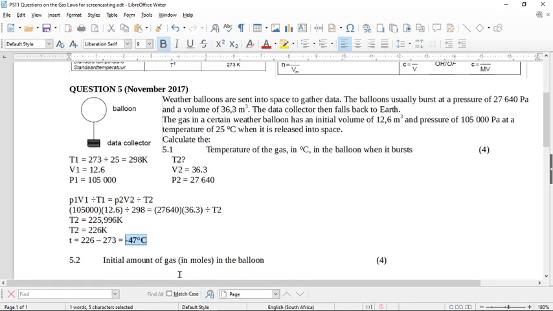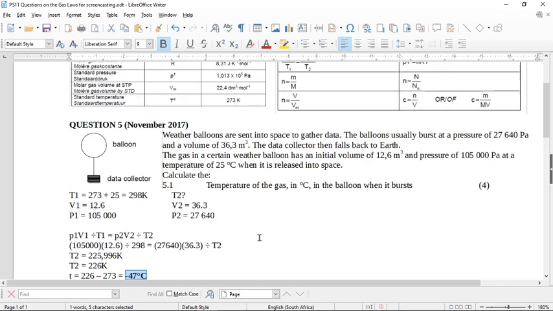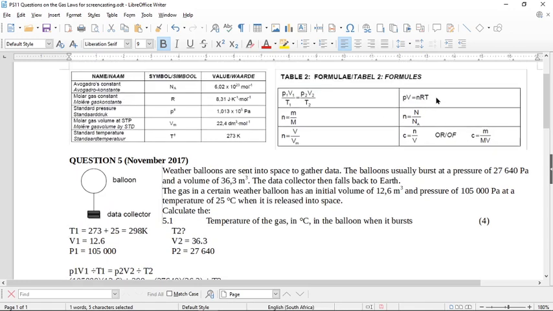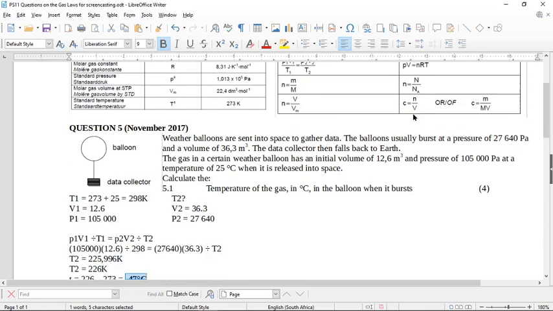Okay, now it says to you, calculate the initial amount of gas in moles in the balloon. So we know at STP, this is the molar gas volume, but the gas laws taught us this formula, PV equals nRT, where pressure times volume equals the number of moles times the molar gas constant, and then the temperature in Kelvin. So we're going to use PV equals nRT because this is the only formula we've got that directly is going to give you moles.